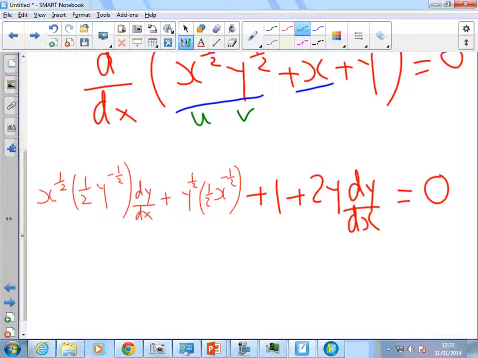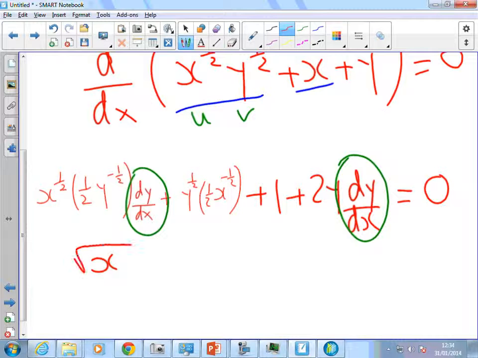So here we have dy by dx. I can now, if you like, factor out dy dx. So I'll do that now. And what I'm left with is x to the power of a half. We can write that as root x over, because y to the minus a half is 1 over the square root of y.